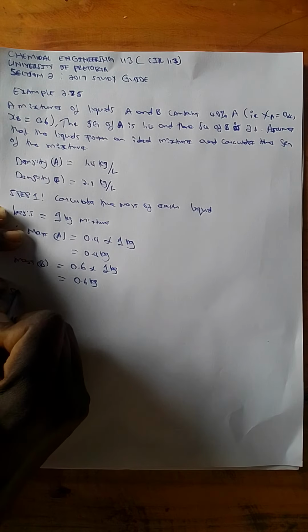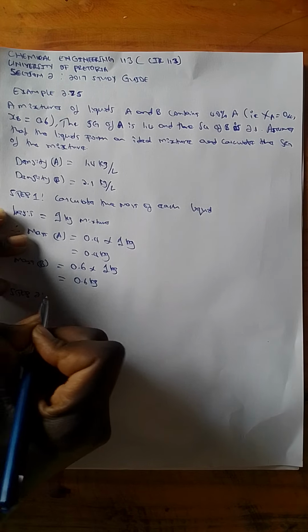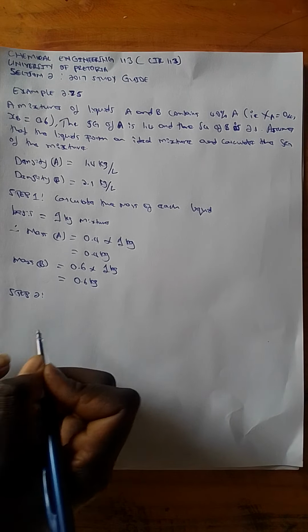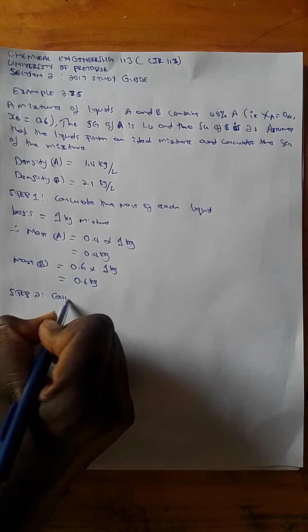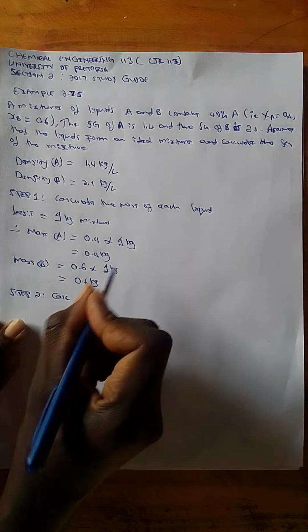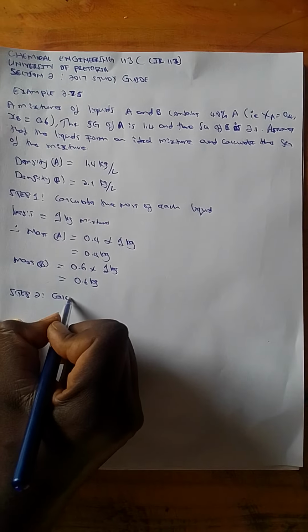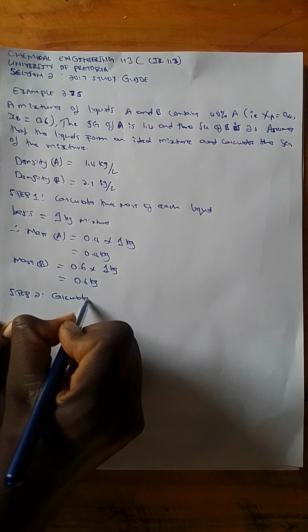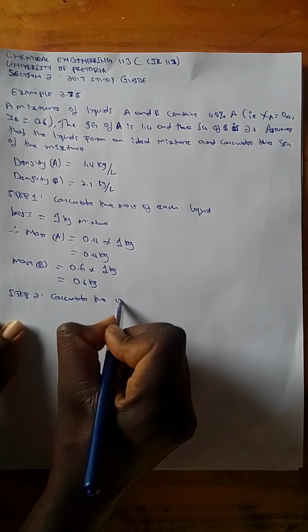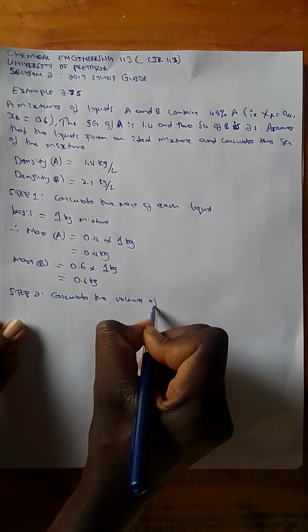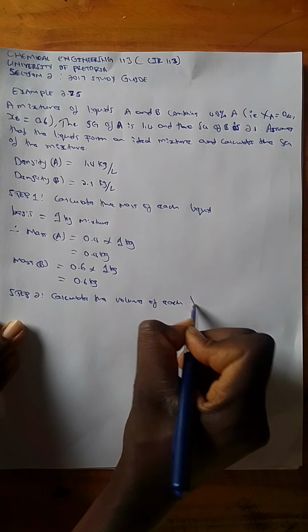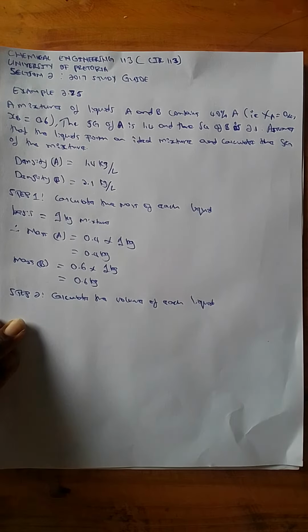Now step 2, we need to calculate the volume. You can just say, now that we have the mass and they want the density, we can calculate the volume. Calculate the volume of each liquid.